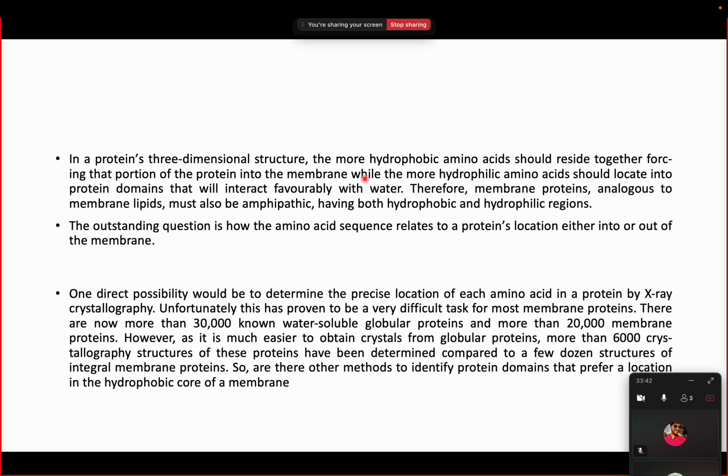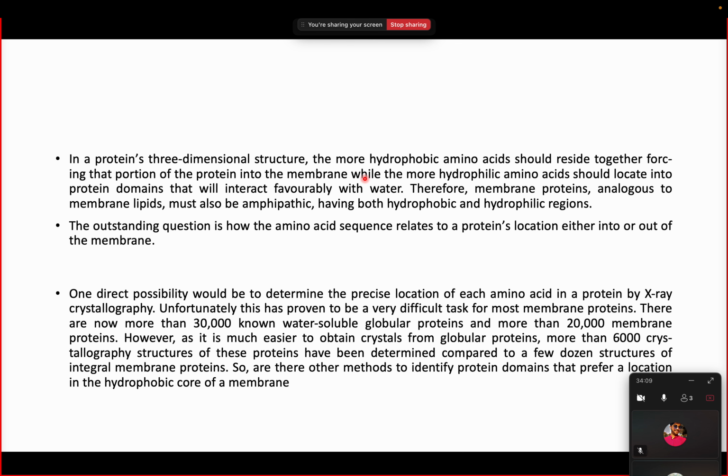So the amino acids which are hydrophobic in nature will definitely prefer to stay away from the water, right? So how can this be achieved in a protein? For example, let's take a sphere, correct? Imagine it's in the water, okay?